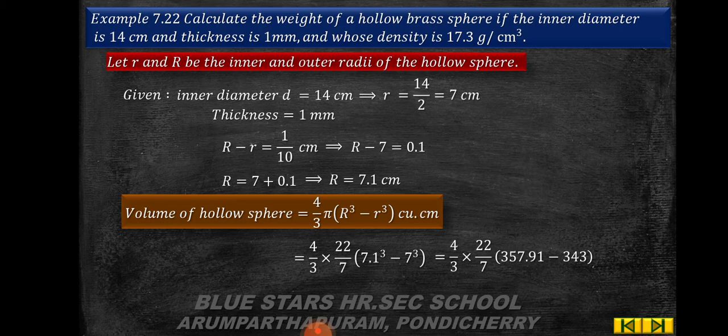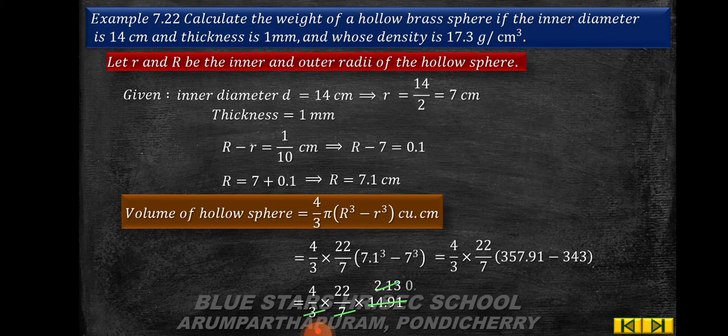357.91 minus 343, which is equal to 4 by 3 into 22 by 7 into 14.91. So 7 and 14.91 get cancelled, it gives 2.13.